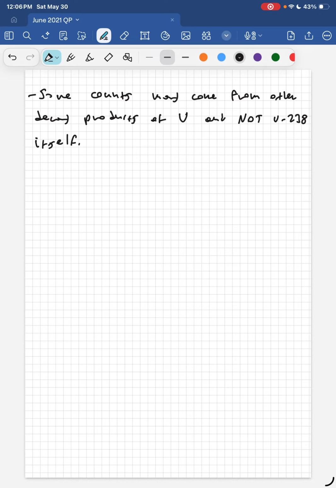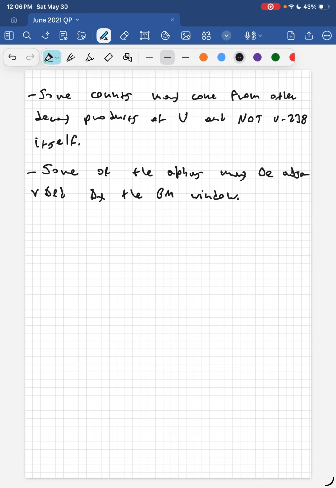So this gives you kind of false counts. And the final issue is that some of the alphas may be absorbed by the GM window. So this will mess up the method and the experiment.